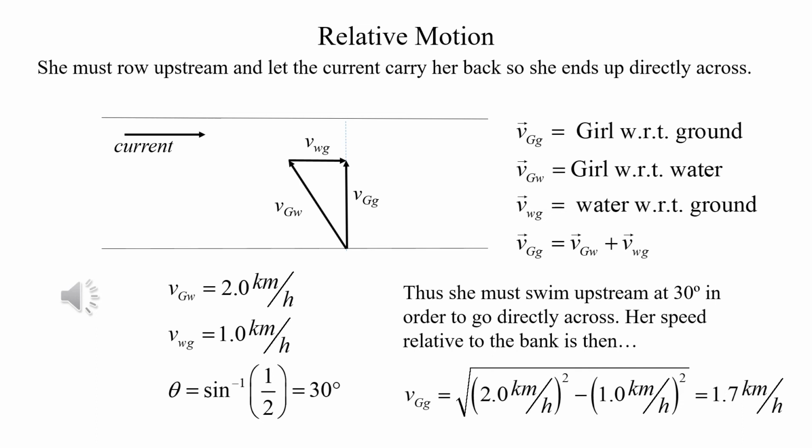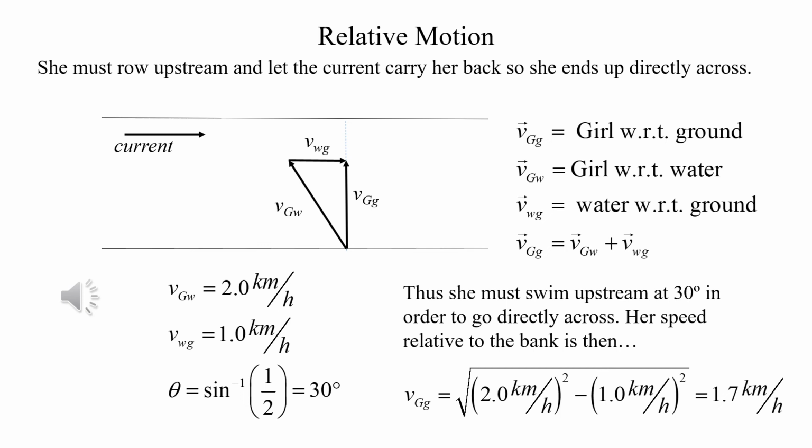So the velocity of the girl with respect to the water points upstream. The velocity of the water with respect to the ground, which of course is the current, flows parallel to the banks, and the velocity of the girl with respect to the ground, since we want to go directly across, forms the other leg.